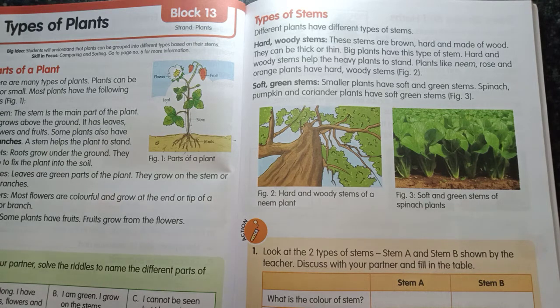So plants like, you know what children, even neem plant, rose plant and all, they all are very hard and strong enough, and they are woody stems. Now coming to the soft stems, they will be very soft, very delicate, small, thin and all, and they are usually green in color. All these plants that have small, thin, soft stems are green in color.